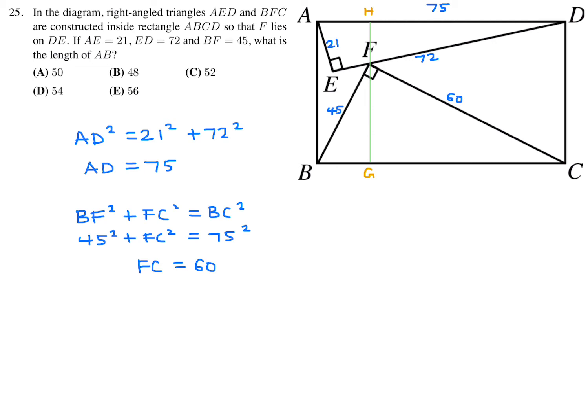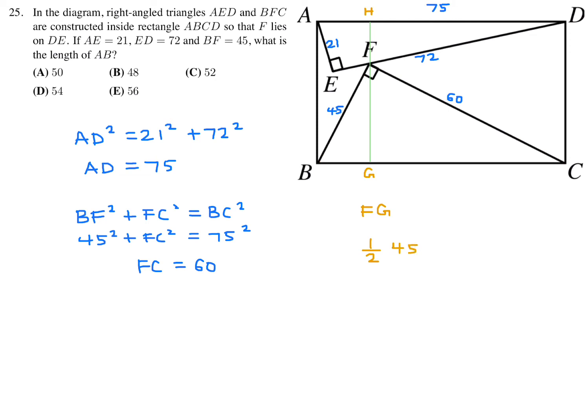Now, this is going to be the heart of the question. The first thing, of course, is I want to concentrate on trying to figure out FG, that distance, from here till here. Now, that can be done pretty quickly, considering the fact that you have this triangle here. And that triangle, the area can be calculated in two ways. The first way, of course, is 1/2 base times height, using 45 as the base and 60 as the height.